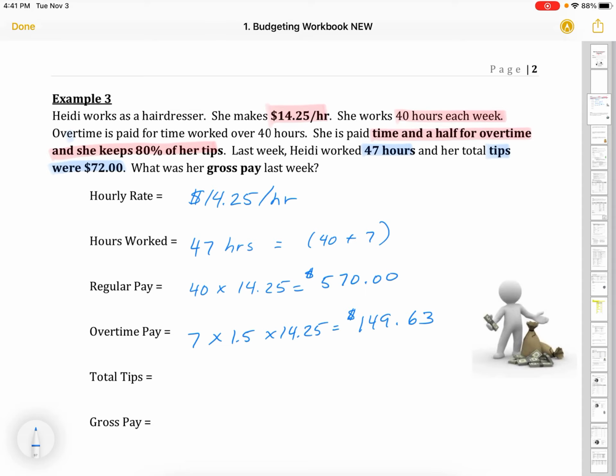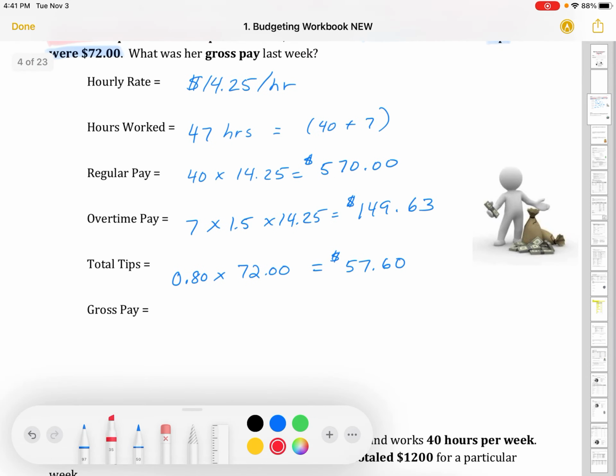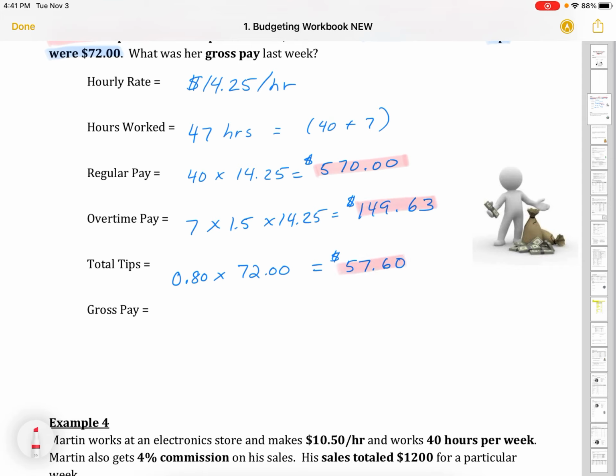She keeps 80% of her tips, so you change the percent to decimal, 0.80 times $72, and we get $57.60. Now, for the gross pay, we're going to add up these amounts.